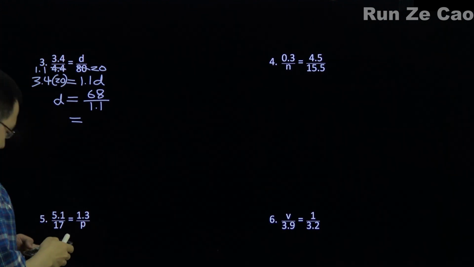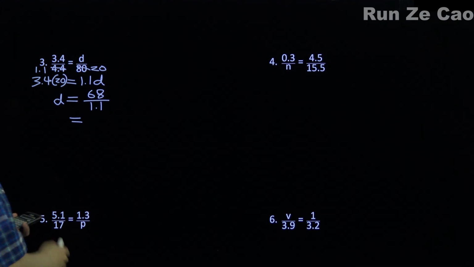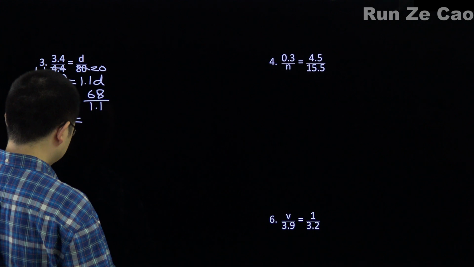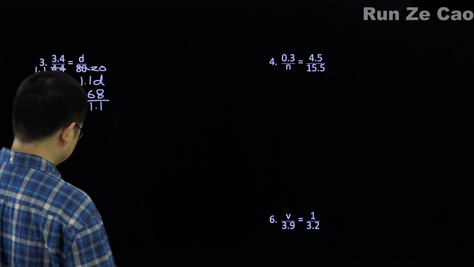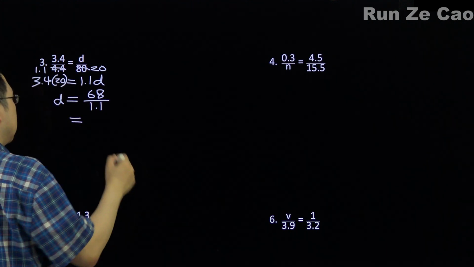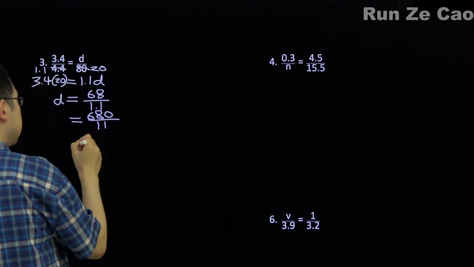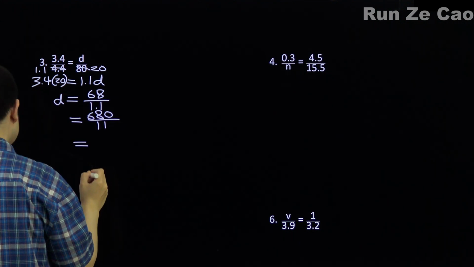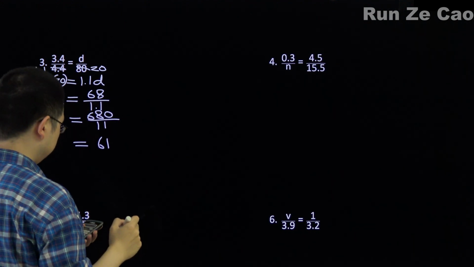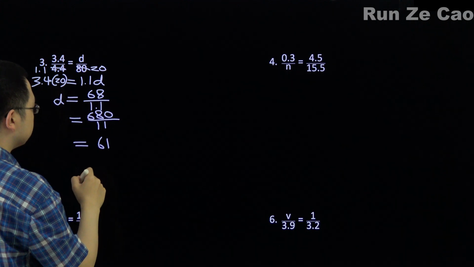So, well, I mean, it would be 61.81 repeating if you wanted it in decimal form. But as a fraction, 680 over 11, and then we get 61, and then we have a little bit left over.